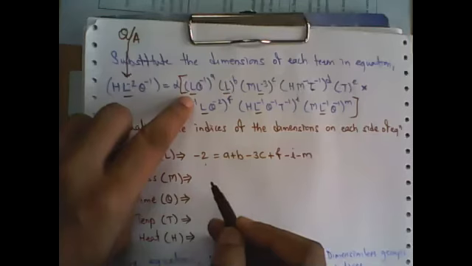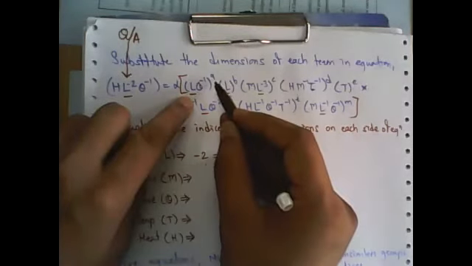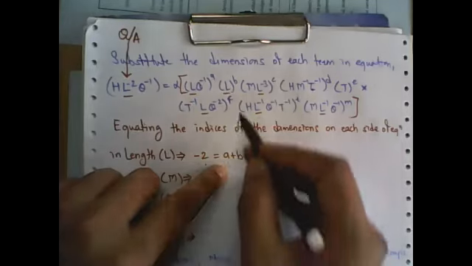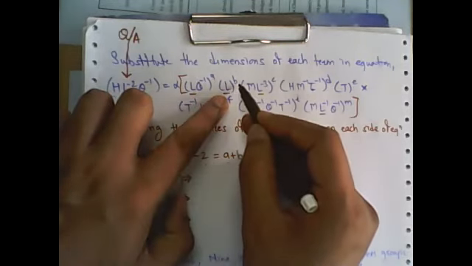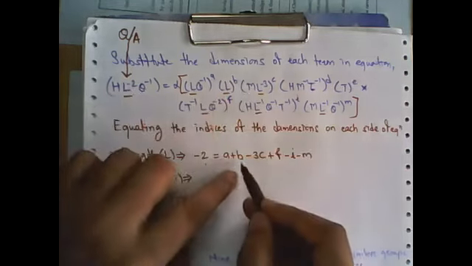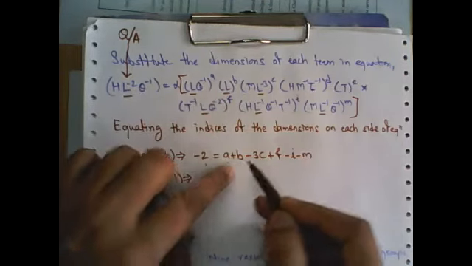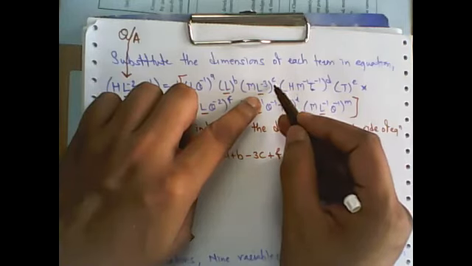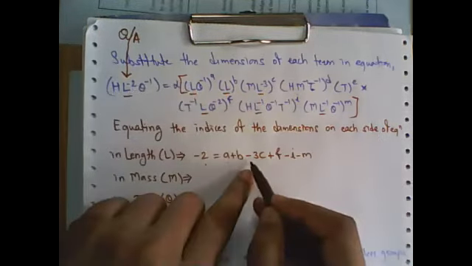On the right hand side, this L raised to A, so it is A. Then here L raised to B, so here plus B. Then L raised to minus 3 and C, so it should be minus 3C.